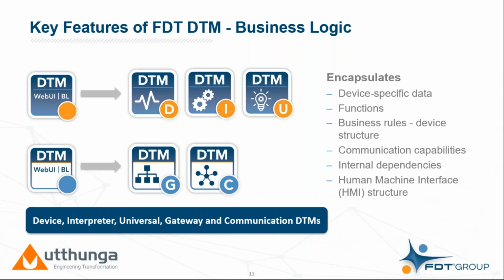There's a number of different kinds of DTMs that are available within the standard. The most common one are device-specific ones, but there's others that, for instance, handle all devices for a particular network. An example of that would be what we call an interpreter DTM for the HART network, where it can simply interface with all the devices that are supported on the HART network.